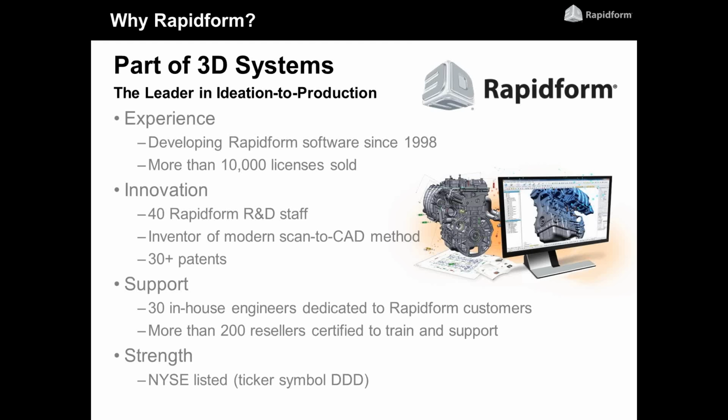So Rapidform innovated the scan to parametric CAD workflow for redesign. As we demo the software and the transfer over to Autodesk Inventor, you'll see that all of our tools are very CAD-like, and they just make sense for a CAD designer.